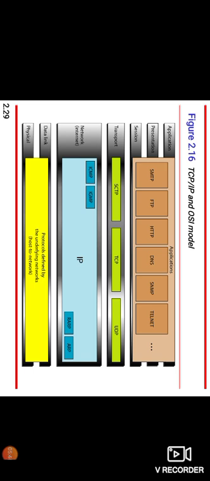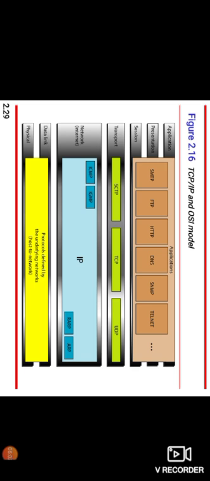Then what are the duties of the internetworking protocol? It is the transmission mechanism used by the TCP/IP protocols. It is an unreliable and connectionless protocol.